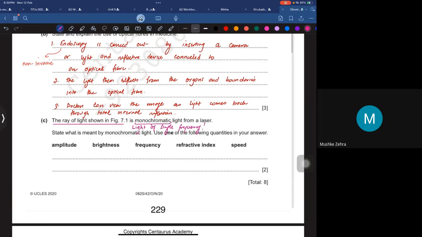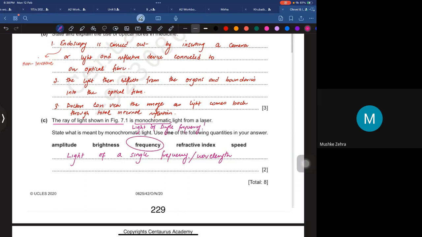That it's light of one frequency. Yes, light of a single frequency. If they give you the option, you can also write wavelength instead of this, but the wavelength option is not here, so you are not supposed to write that. You're going to pick this one.